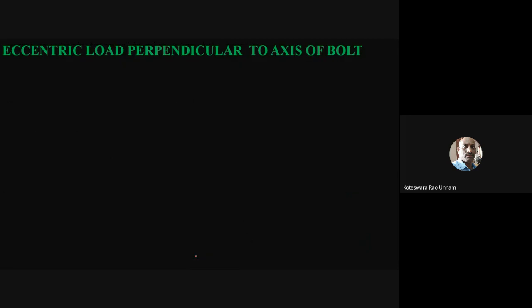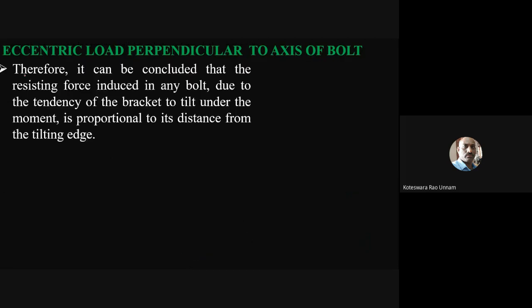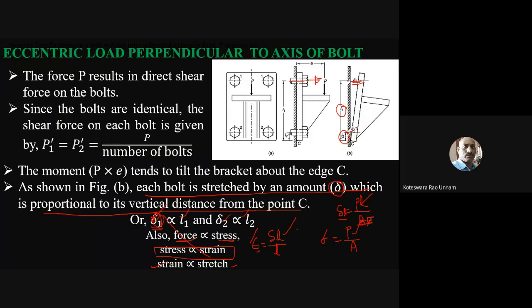From all these conditions, it can be concluded that the resisting force induced in any bolt due to the tendency of the bracket to tilt under the moment is proportional to its distance from the tilting edge. From all these relations, stretch is proportional to strain, strain is proportional to stress, and stress is proportional to force.